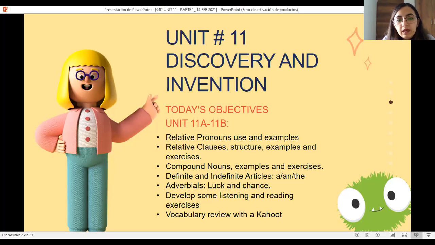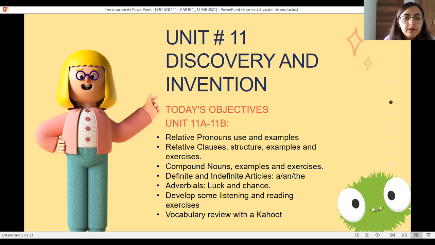You will be making some class works and we will try to make a small listening and reading from your book. To end finally with a small Kahoot. This is more or less what we will be seeing today as part of units 11A and 11B.